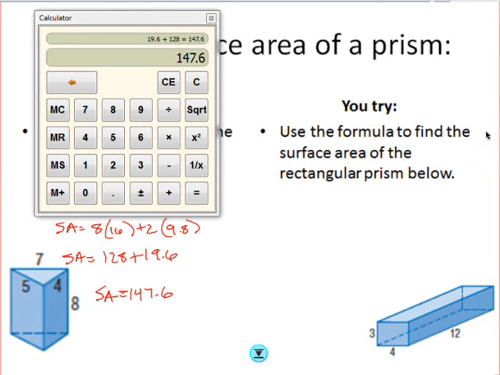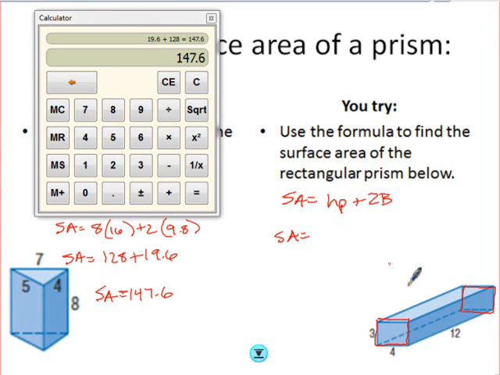Alright, so same idea here, okay? Same idea. Surface area. The more times I write the formula, you know, I have the formula sheet, but the more times I write it, the less I have to consult it, and the less I have to consult it, the better for me, because I'm lazy. Alright, so I'm going to stick with this as like a rectangle that's laying down. If you want to calculate it differently, do whatever you want. But in my head, I'm going to use this right here as the base, and so that is the other base.